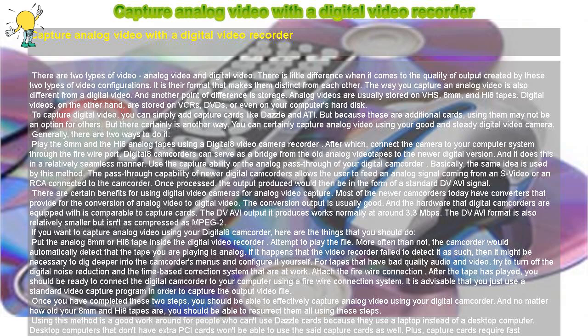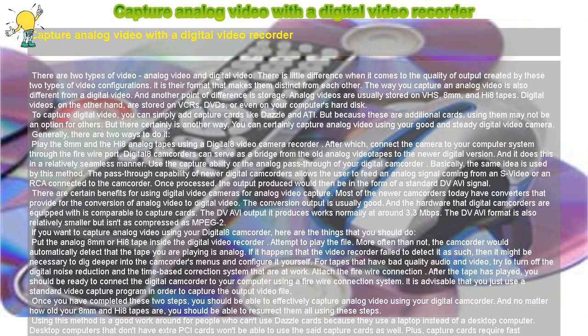And the hardware that digital camcorders are equipped with is comparable to capture cards. The DV/AV output it produces works normally at around 3.3 Mbps. The DV/AV format is also relatively smaller but isn't as compressed as MPEG-2.